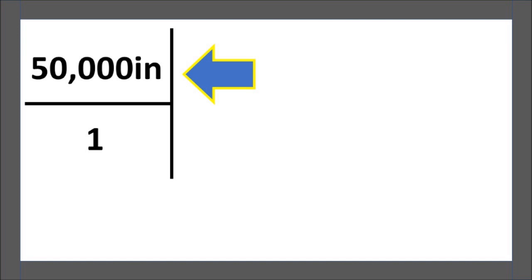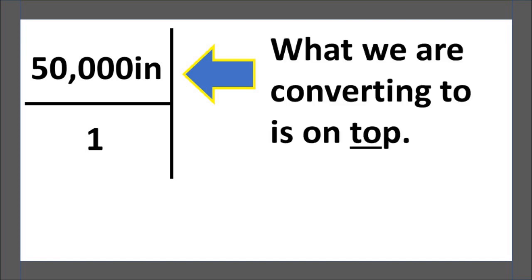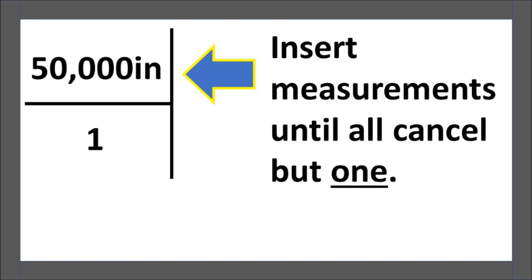We put that over 1. Now what we're trying to do is what we're converting to, we want to put on top. In this one, we need at least one of the labels to survive because we're moving it from ratio, which is just the values, to verbal, which has words.